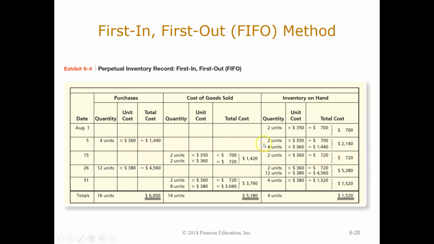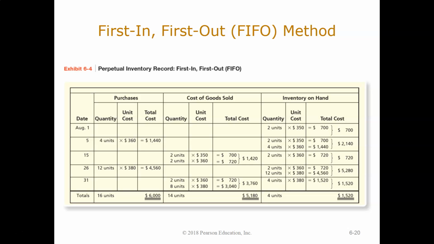So if I come over here, this column is where I am keeping track of all the inventory that is available for sale. Every time I have a new date, I draw a line and I keep my layers intact. I still have 2 units available, so I bring it down here, but I keep it separate because it's a different price bucket.